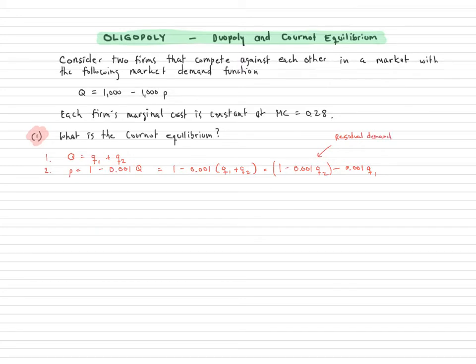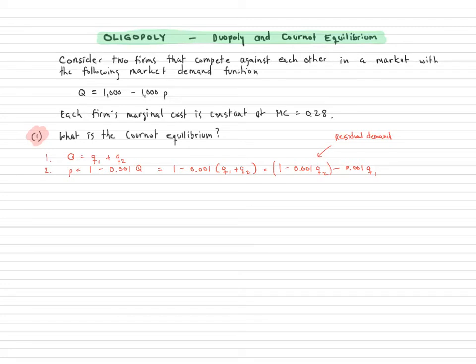The intuition here is that each firm looks at the residual demand, which is the demand left over after the other firm has already decided how much to produce, and then the firm takes this residual demand function and chooses to produce the profit maximizing output level, which is always found where marginal revenue equals marginal cost.